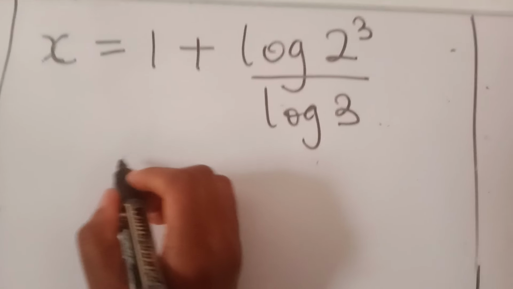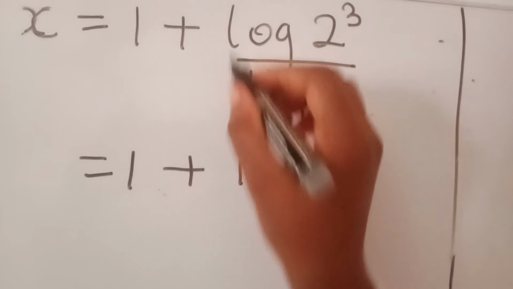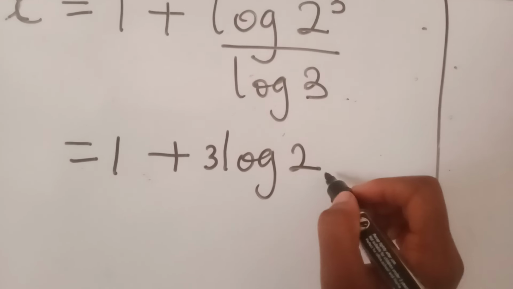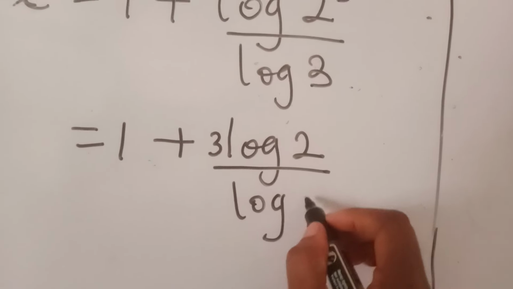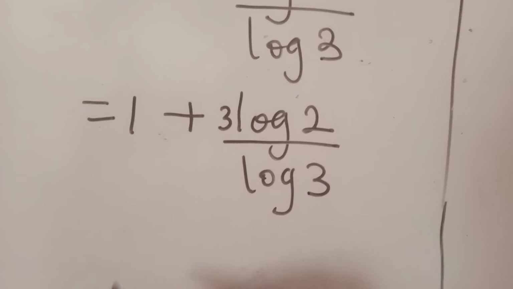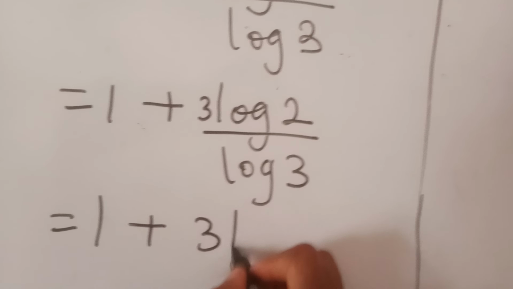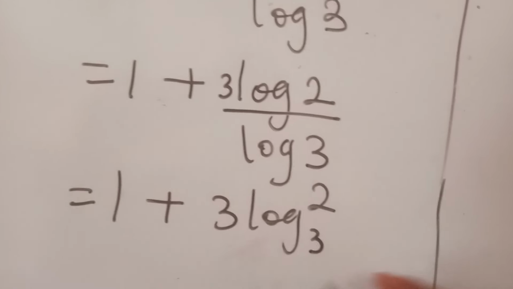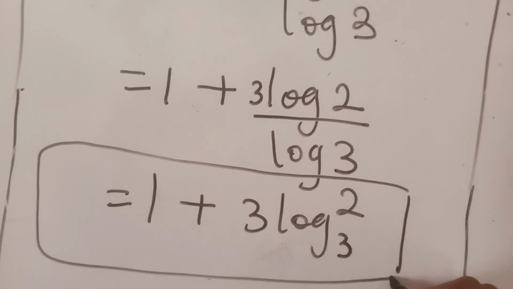Okay, and then we can also write it as this, 3 can go behind, and we have 3 log 2 all over log 3. We can also still write it as 1 plus 3 log 2 base 3, like this, as the value for x.